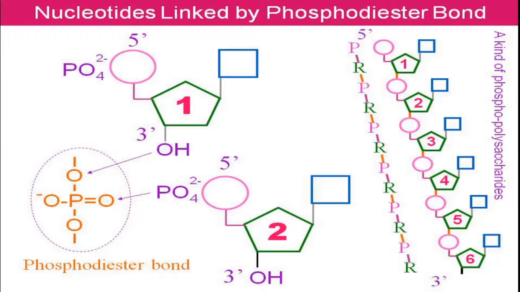Now here you will find that this central phosphate links to two oxygens, and these two nucleotides get linked through this phosphate by means of two ester linkages. Therefore this bond is called a phosphodiester bond.